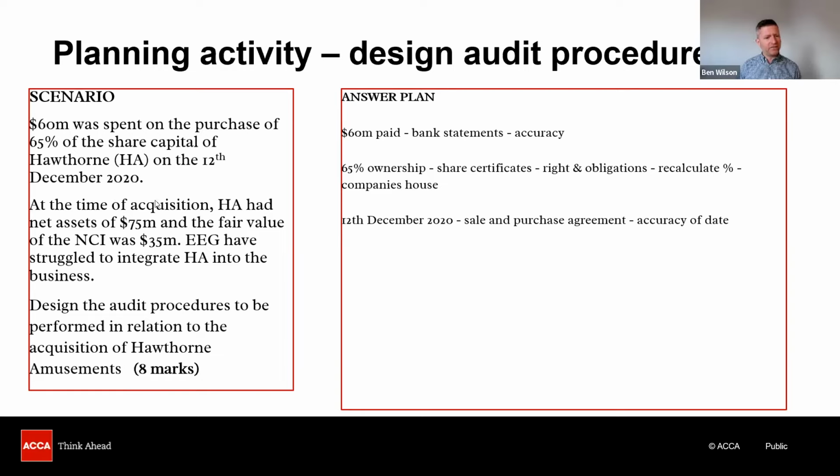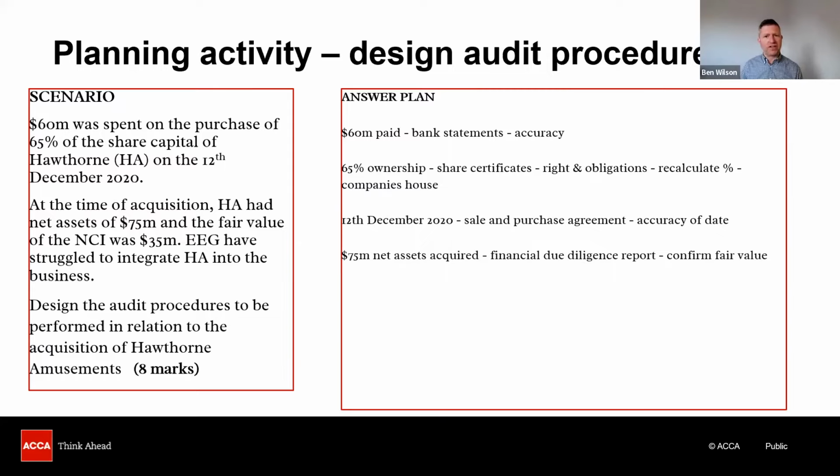The next fact I'm told is this 75 million of net assets. The 75 million net assets that I've acquired, how do I know that there were 75 million? Well, whenever we buy a company, you have to get a due diligence report.